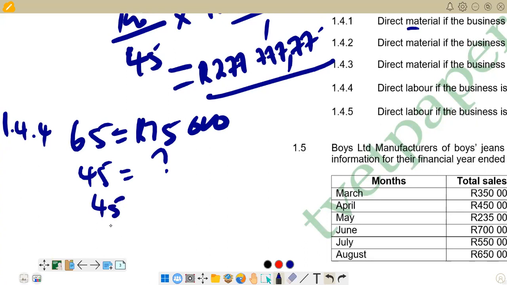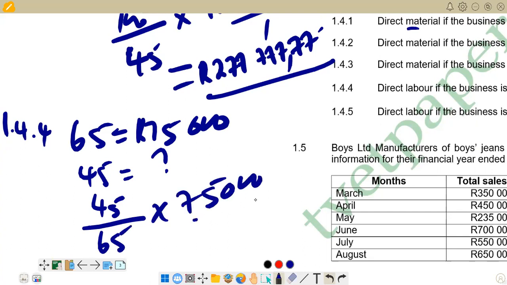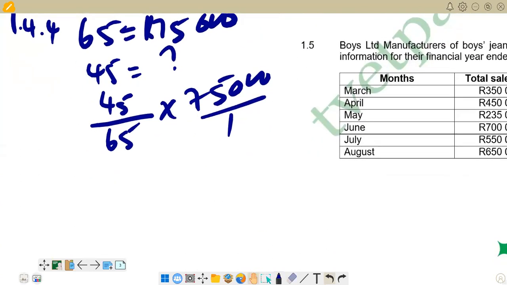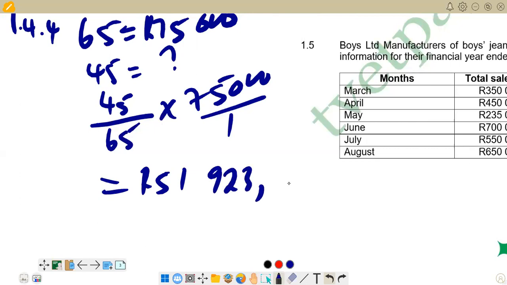So what we don't have becomes the numerator, what we have the denominator, then you multiply by 75,000, the given figure. After calculating, for 1.4.4, you are supposed to get 51,923.07, to two decimal places.